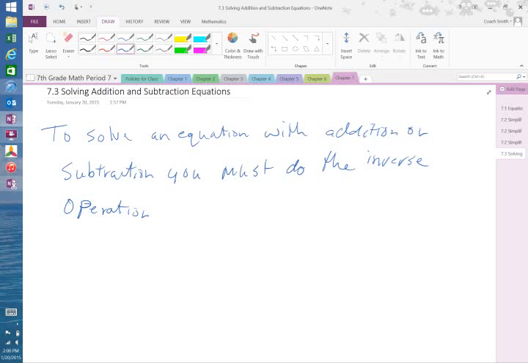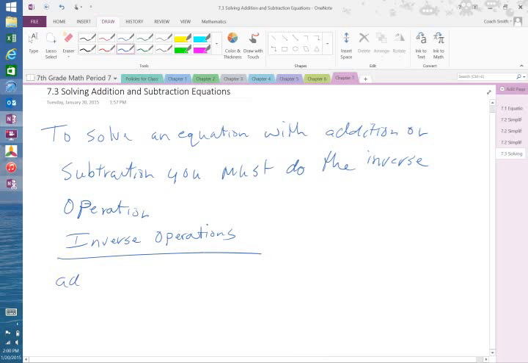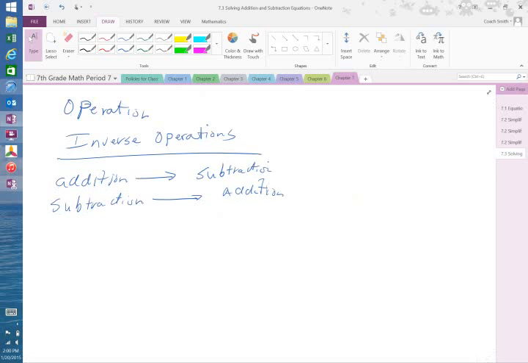Okay, the inverse operations. Addition, the inverse would be subtraction. For subtraction, obviously, then, the inverse would be addition. So we're going to use basically the operation that undoes the other operation.